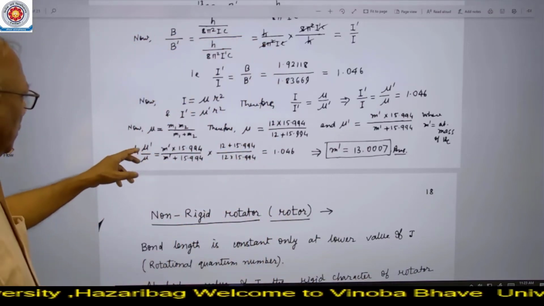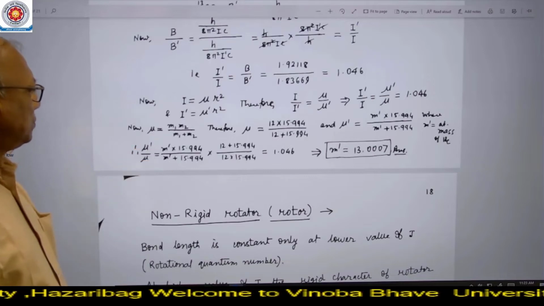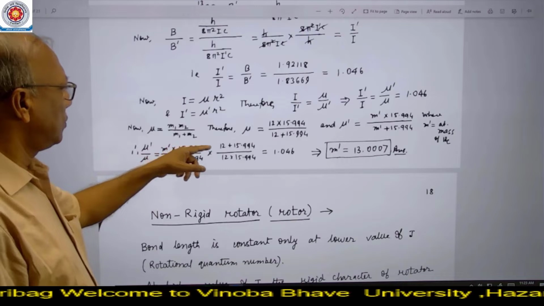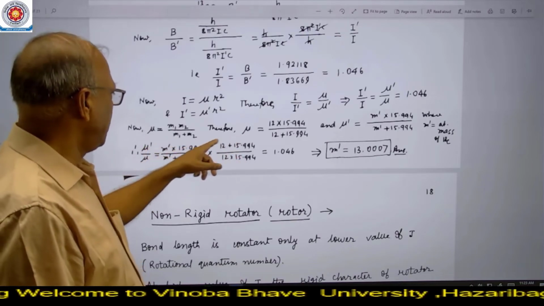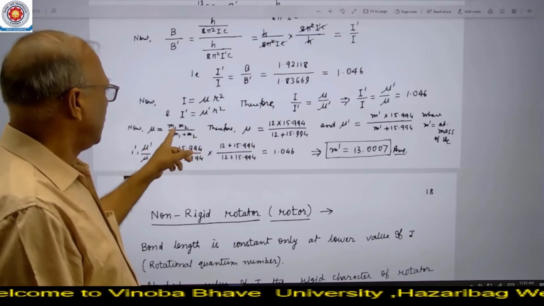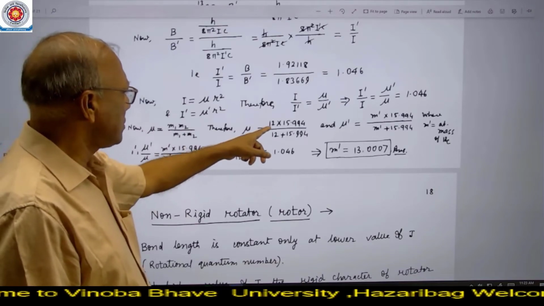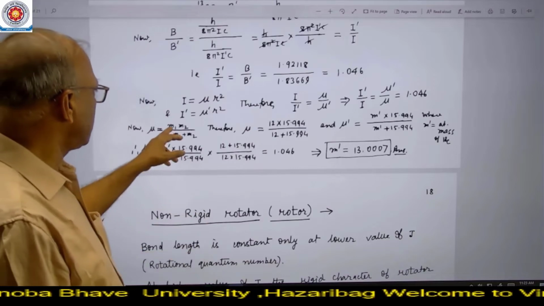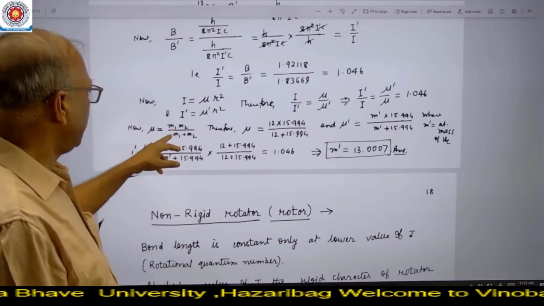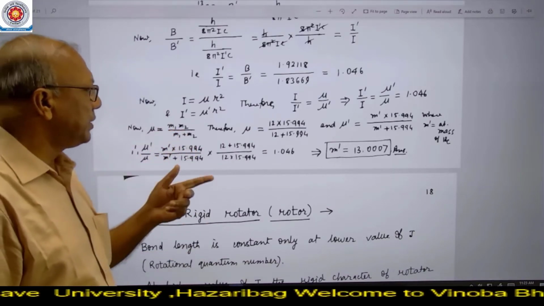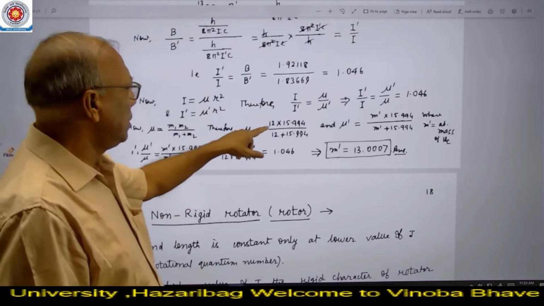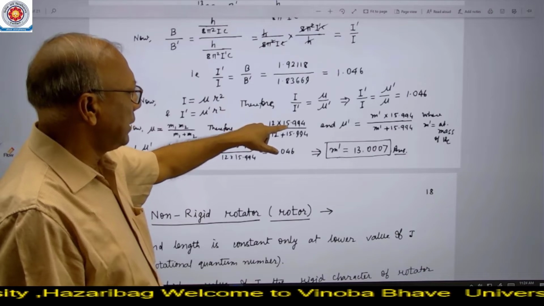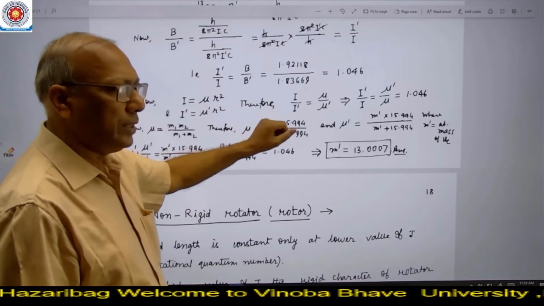Now reduced mass mu is equal to m1 m2 divided by m1 plus m2. Therefore for the normal molecule, the reduced mass is the product of the masses of the two atoms, that is C and O, divided by their sum. The normal carbon atom mass is 12, and the normal oxygen atom has mass 15.994.